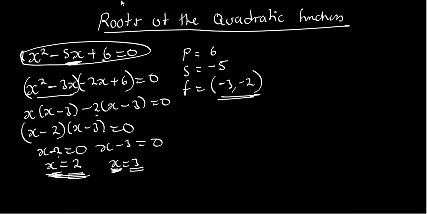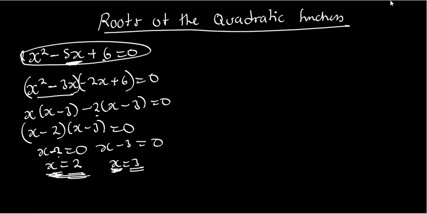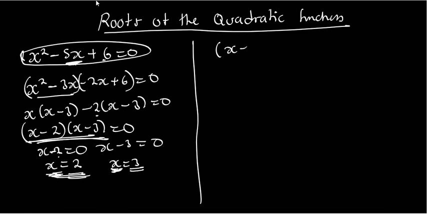Now, what we are interested in today is finding the roots in the form of alpha and beta. So what we'll do is I'll get this part here, which is x minus 2 and x minus 3 equal to 0.